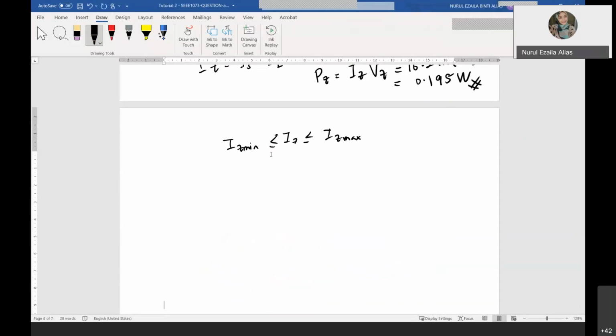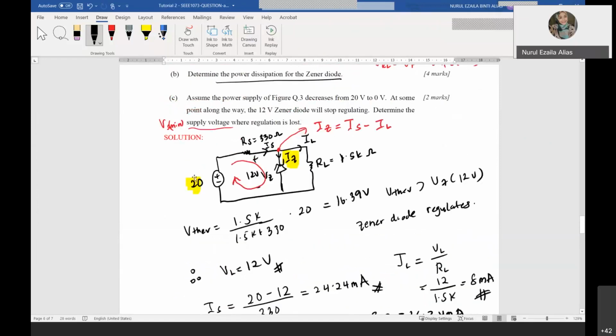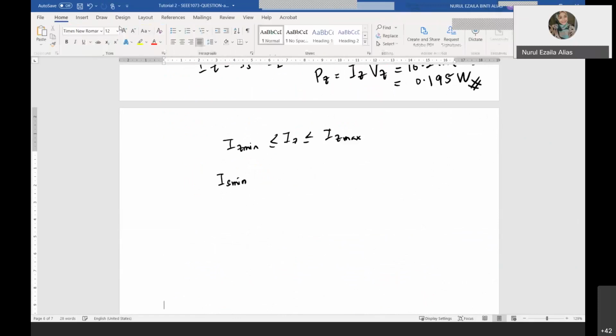So now they want to know the minimum power supply. Therefore, when you use minimum, therefore IS minimum. In this case, you know that IS is equal to the Isaac plus IL.